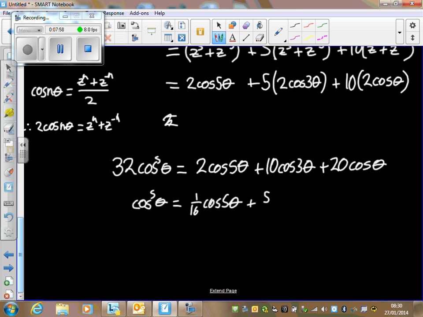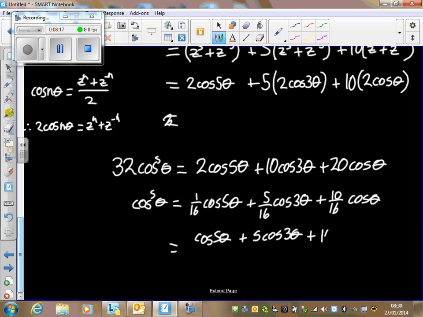we get 1 over 16 cos 5 theta plus 5 over 16 cos 3 theta plus 10 over 16 cos theta. I could simplify that a little bit more, but I'm not going to because I could just write this a little bit nicer.